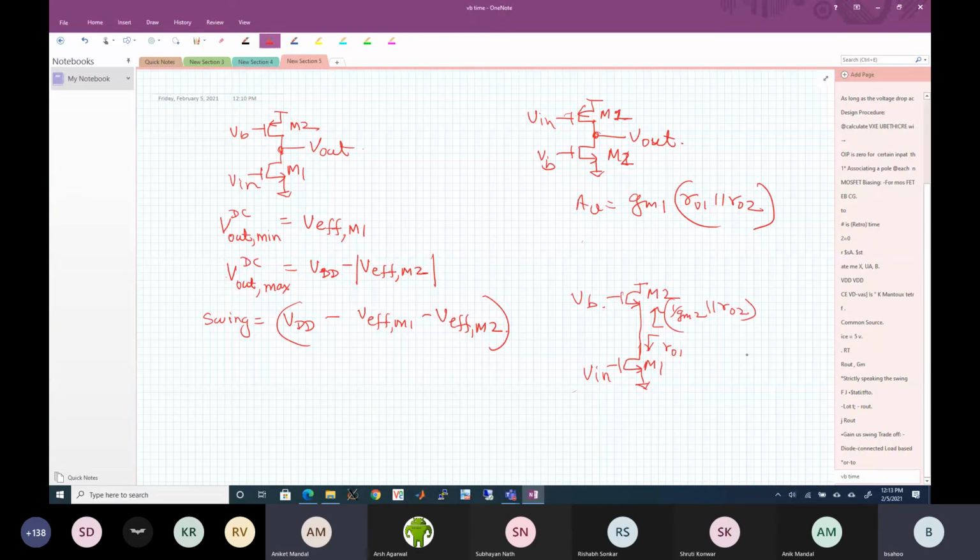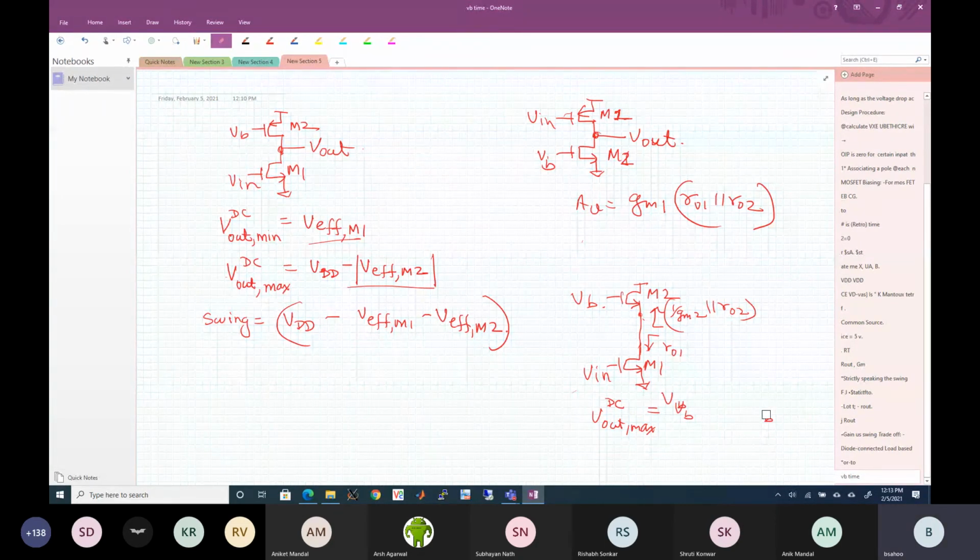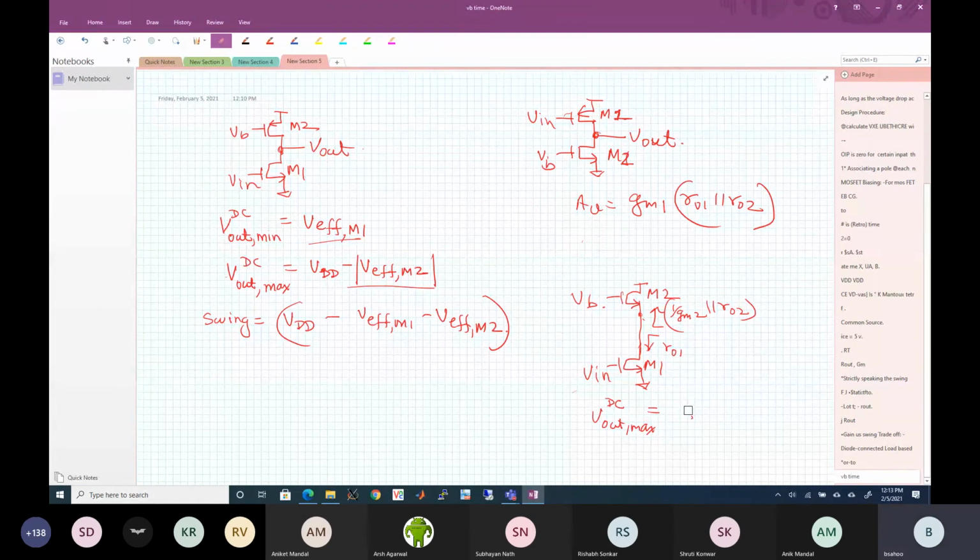Swing also drops, by the way. You cannot reach V effective of M2. The maximum value that this can reach is V out max DC equal to VB minus VGS of M2, because current has to flow through M2.